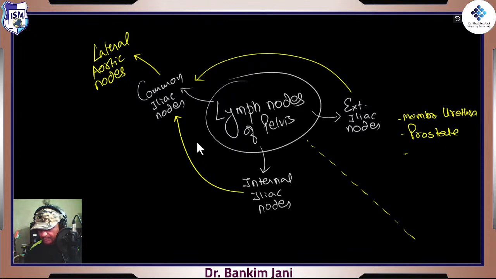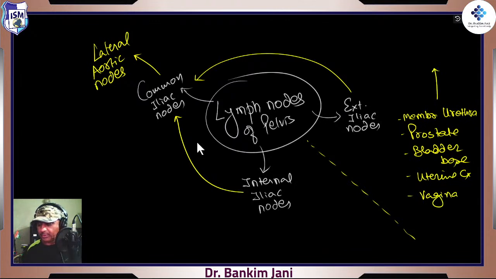All of those. Bladder base, then uterine cervix and vagina. All of them would be draining into inguinal nodes. And those inguinal nodes will go into external iliac, and it goes.